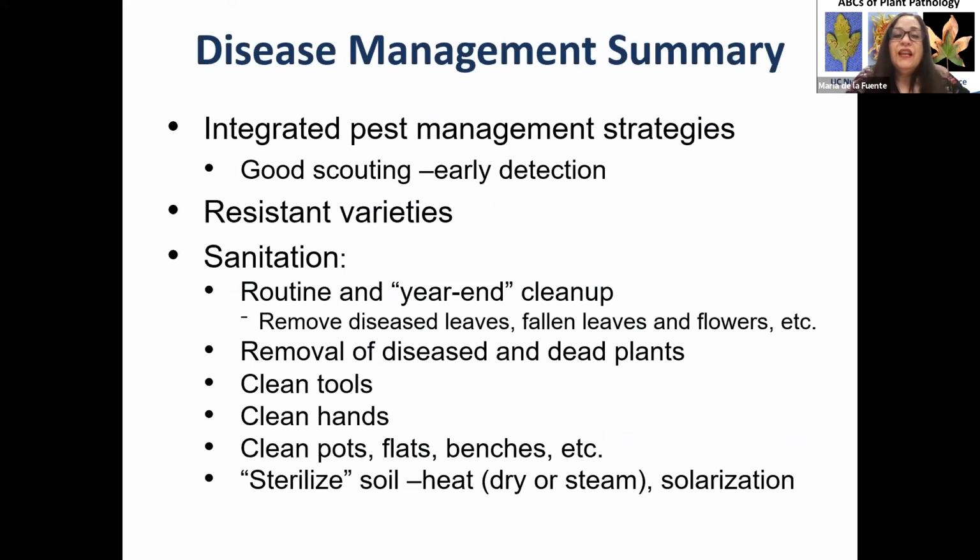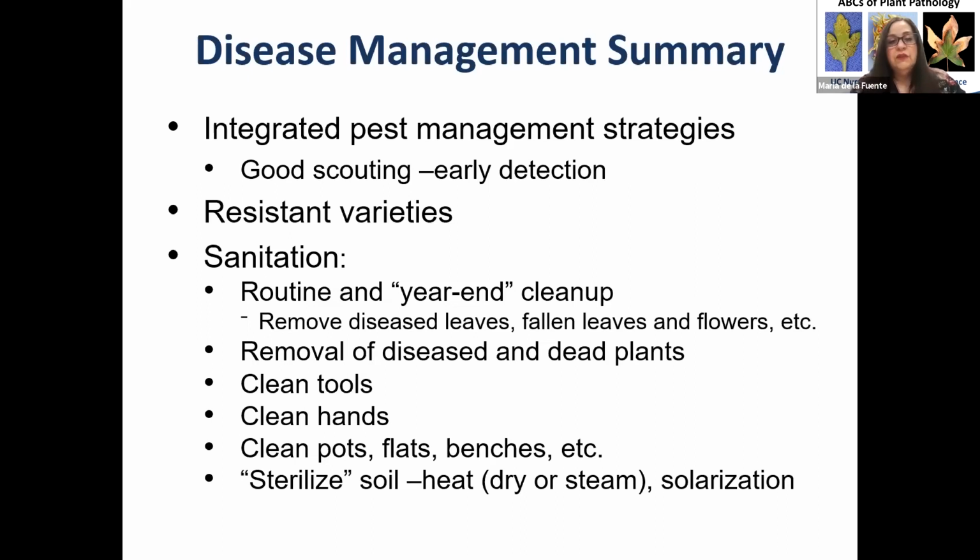Okay, so let's just go quickly into a disease summary. Disease strategies for control: my recommendation is always use integrated pest management. Do not focus on a single method. Good detection, early detection, and if you can already identify it, ID is the best way.